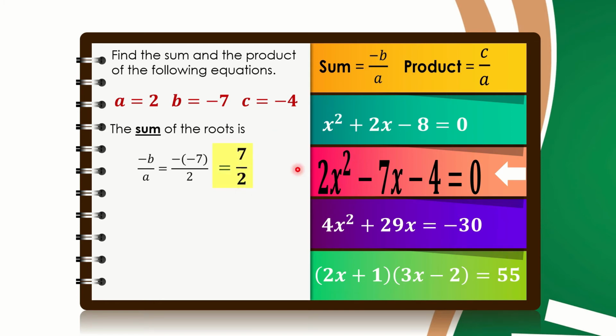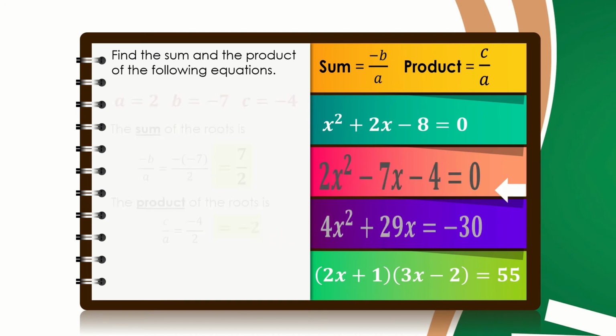So let us have the product this time by substituting the values of c and a. So we have negative 4 all over 2. Simplifying negative 4 over 2, we have negative 2. Therefore, the sum and product of this equation are 7 halves and negative 2.